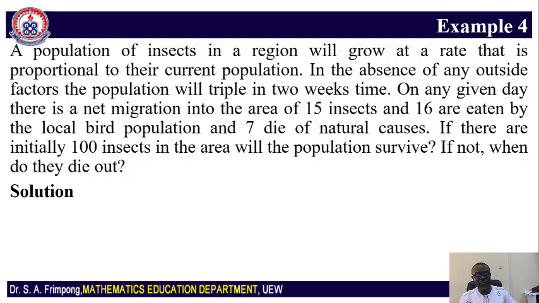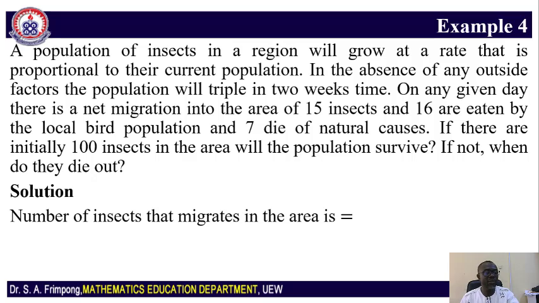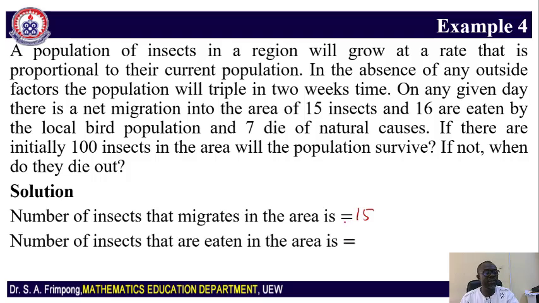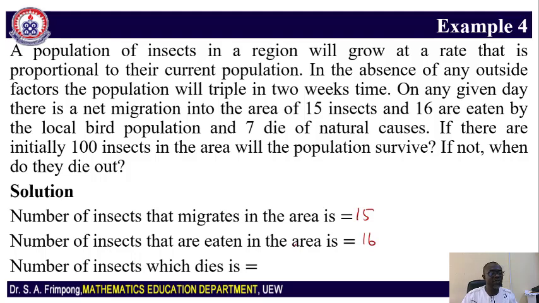So let's look at the information here. The number of insects that might migrate in this context is 15. So we say 15 per day migrate in. The number of insects that are eaten is 16, every day. And then the number of insects which die is 7.